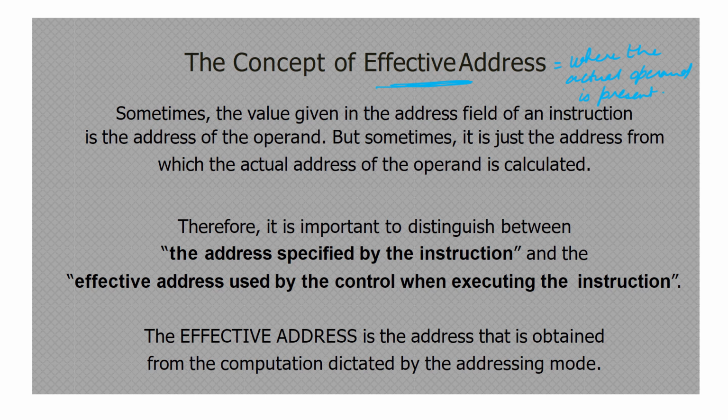Sometimes the value given in the address field of an instruction is the address of the operand, but sometimes it is just the address from which the actual address of the operand is calculated. Therefore, it is important to distinguish between the address specified by the instruction and effective address used by the control when executing the instruction. So the effective address is the address that is obtained from the computation dictated by the addressing mode.